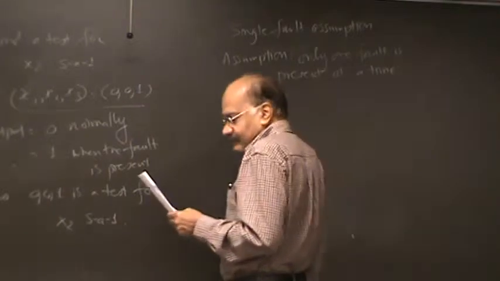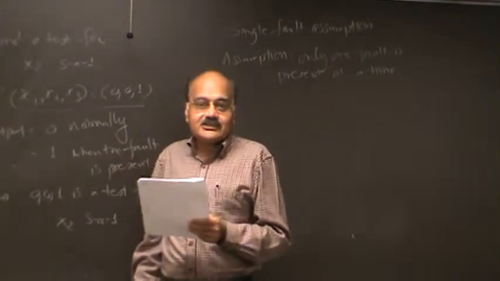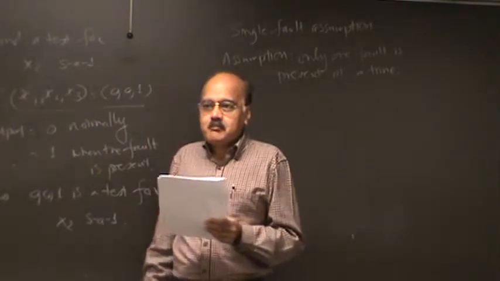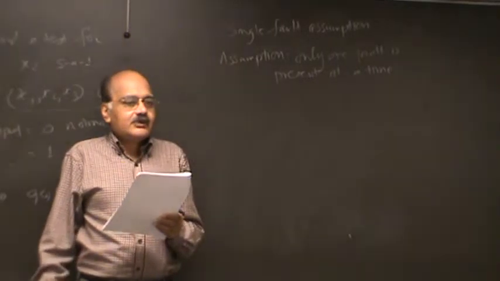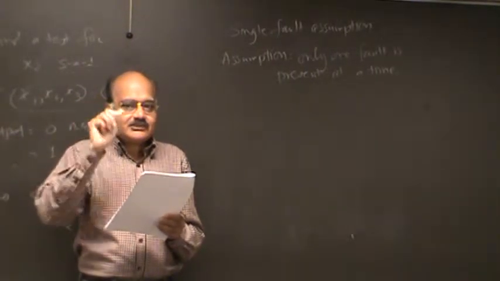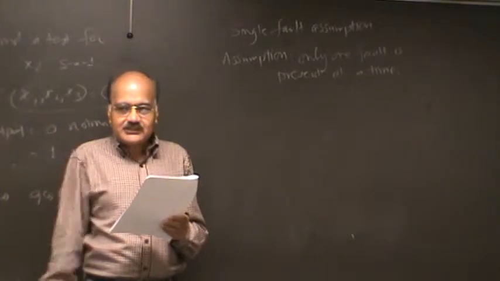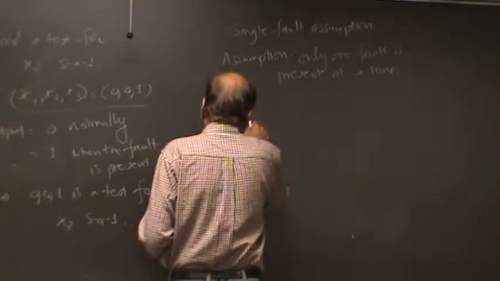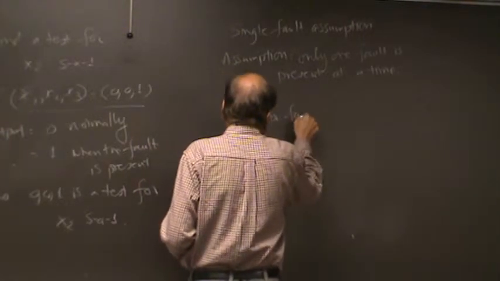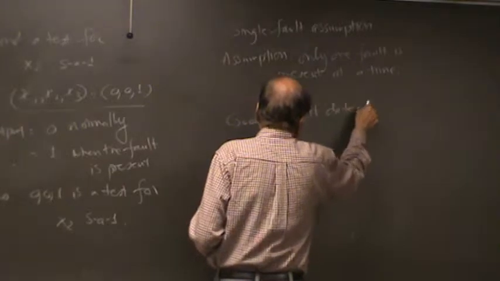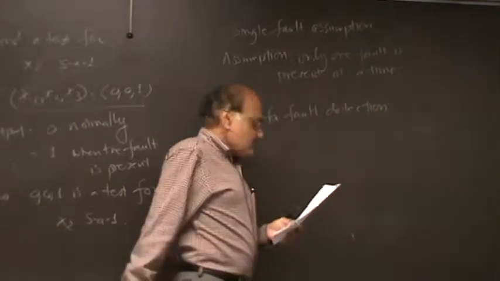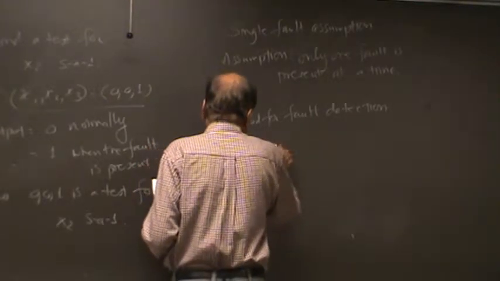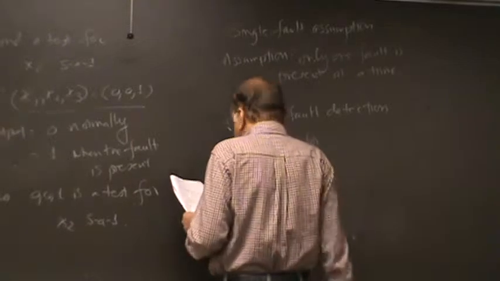That is the assumption. And the advantage, of course, is that it significantly reduces the complexity. You consider one fault at a time, and so you ask the question, is this fault going to be tested? Is this fault going to be tested? Is this going to be tested? And so on. It is good for fault detection, but not good for fault location.